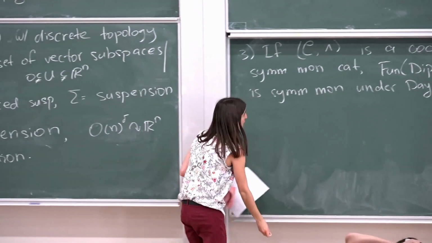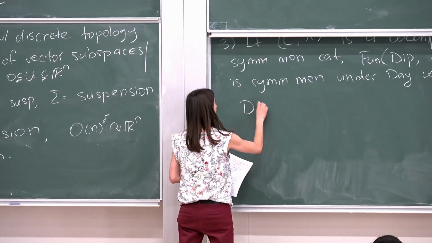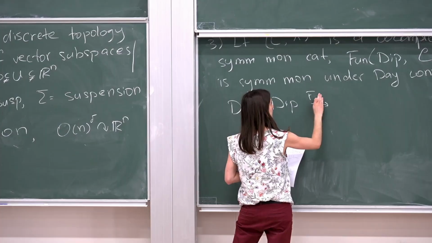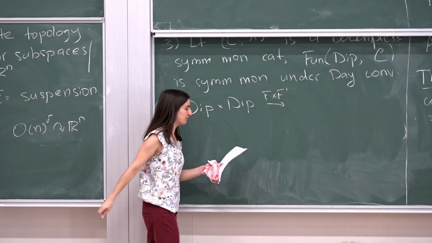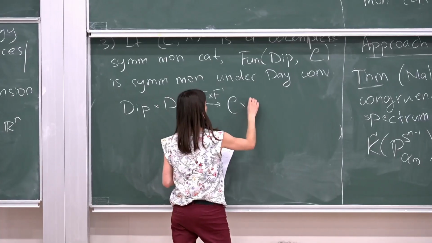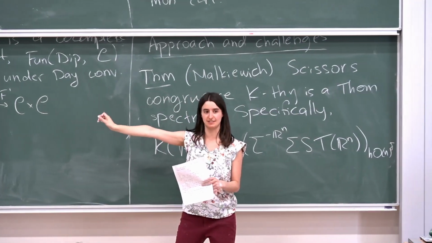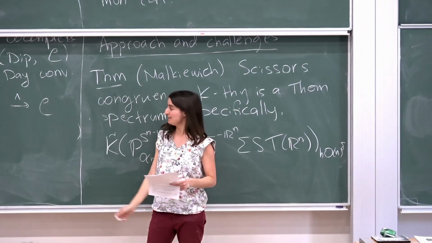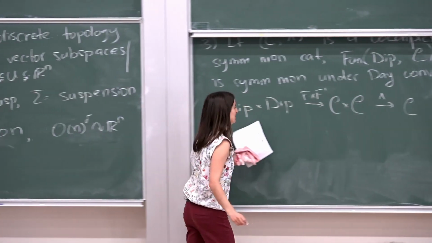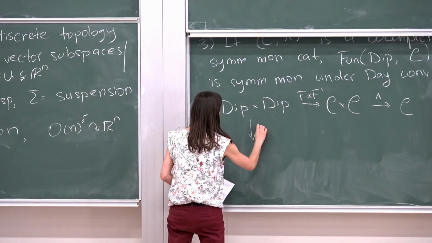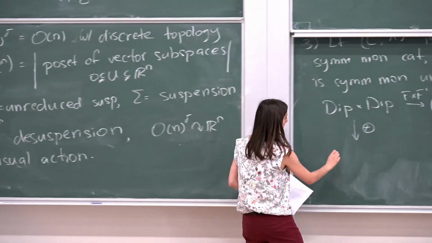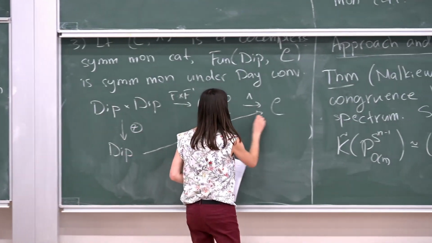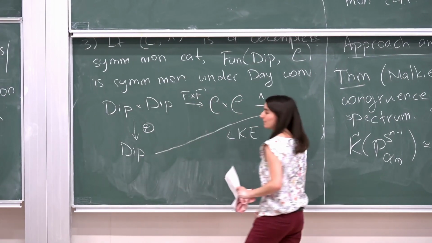Just to remind you how that goes, if we have two functors F and F prime from DIP to C, we use them to map from DIP times DIP to C times C. We then have this smash product on C, so we have a functor from DIP times DIP to C. We also have the symmetric monoidal structure on DIP given by direct sum, and we can take the left Kan extension of this diagram.